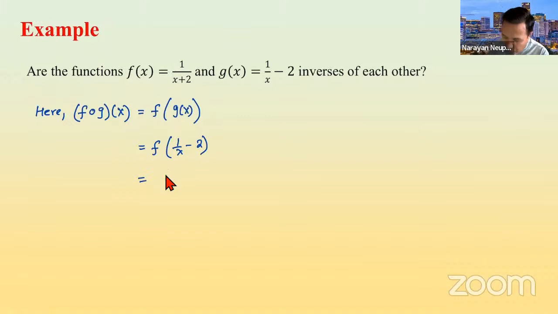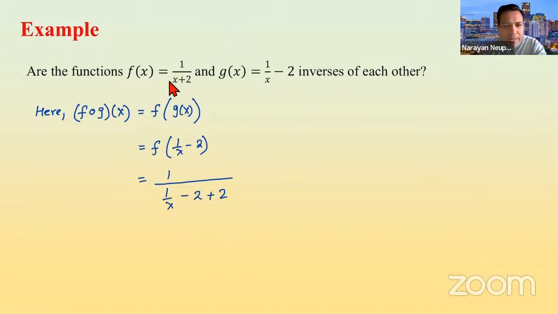It will be 1 over, in place of x, this value, 1 over x minus 2, then we have a plus 2, as you can see there.